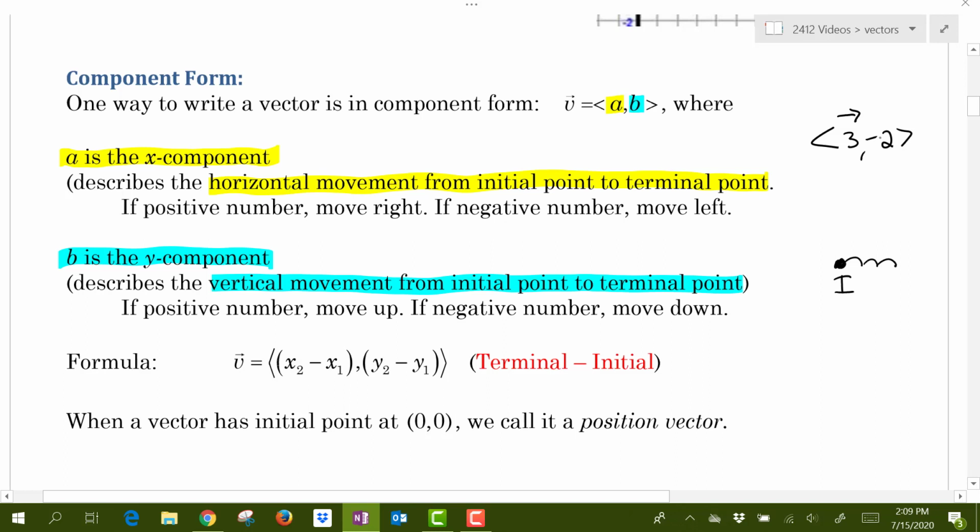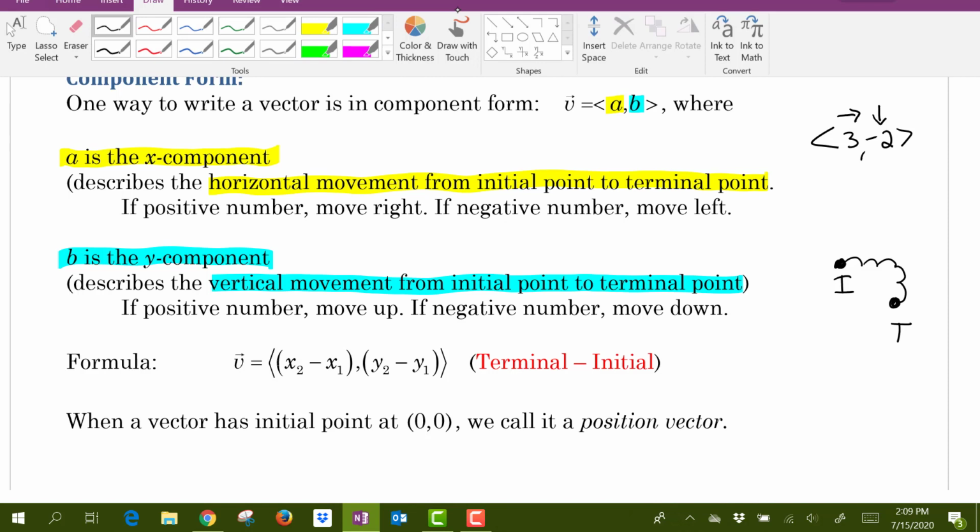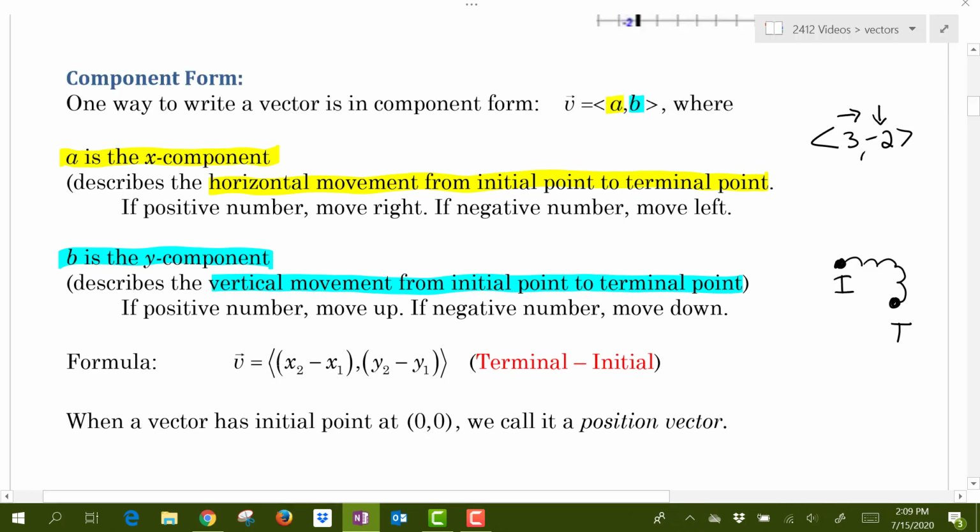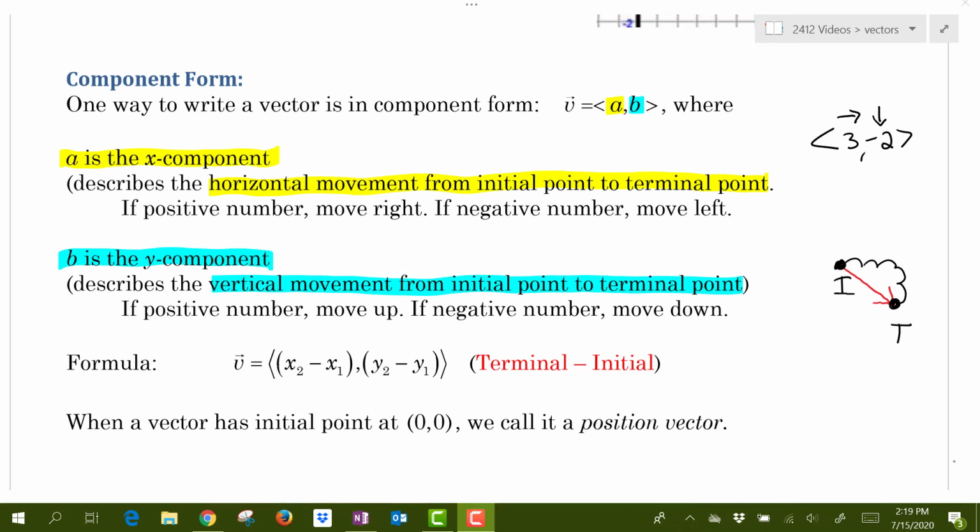The next number listed is -2. That would tell me to go down, because it's negative, 2 units. So that would represent the terminal point of that vector. So we would connect those 2 points to get our line segment, and the arrow always touches the terminal point. All right, so any vector can be described in that component form.